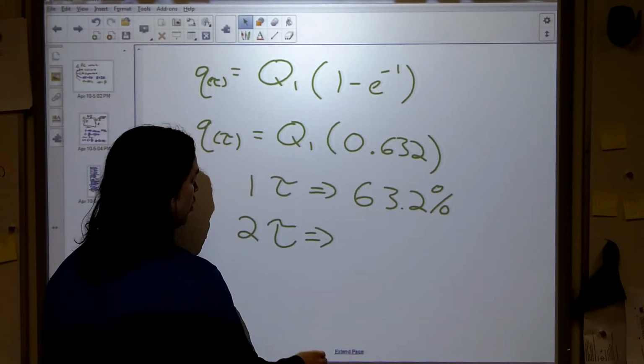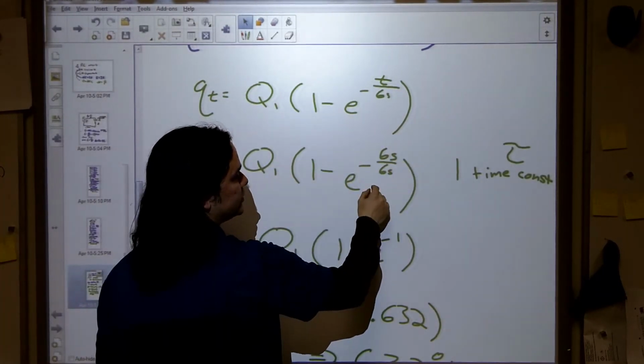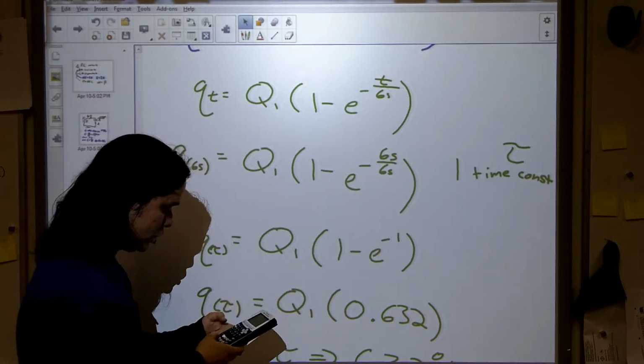After 2 tau, I end up with the following. Not 6 seconds, but 12 seconds, I end up with e raised to the negative 2.